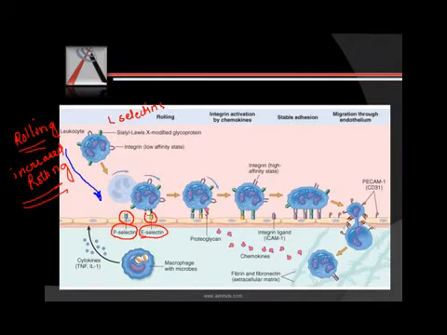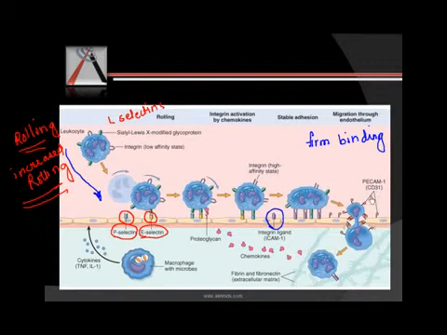Once the rolling is increased, in the next stage the integrin expression is increased. These integrins are responsible for firm binding of the PMNs to the blood vessel walls. Because of the firm binding, later these PMNs start transmigrating.